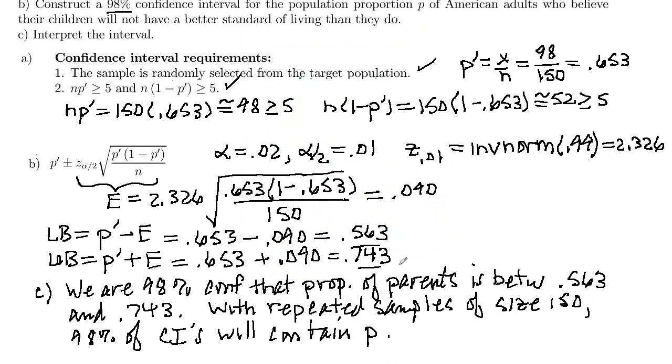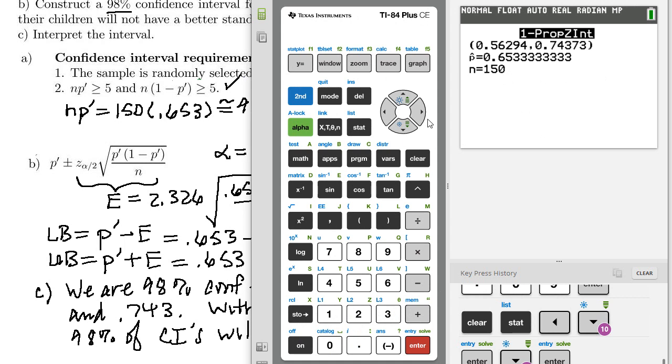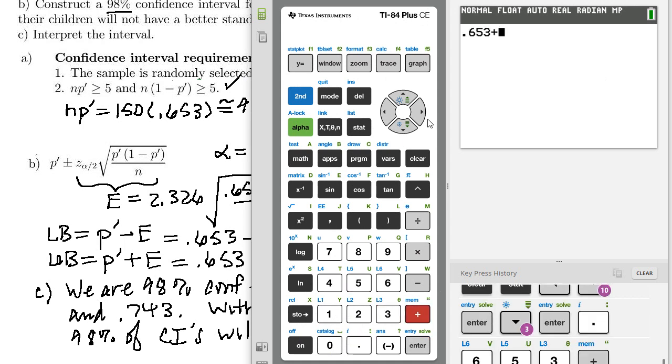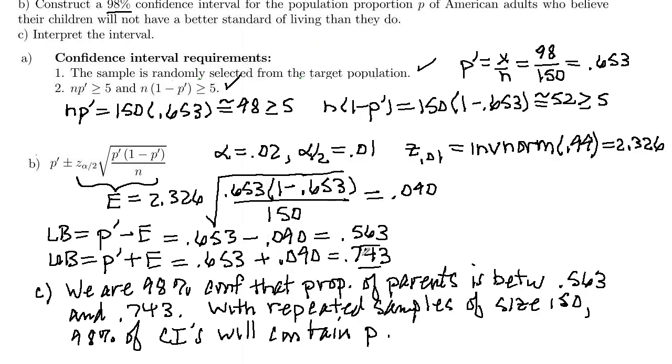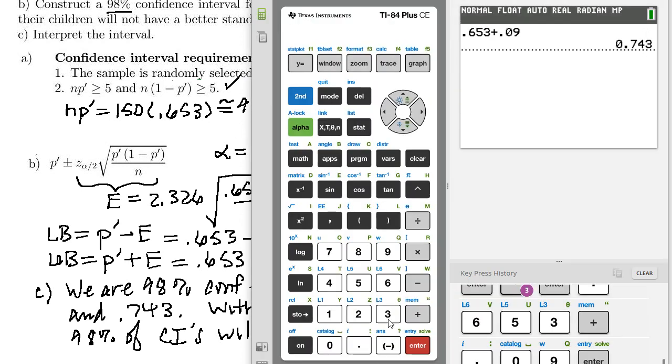563, 743. Let's try that again. 0.653 plus 0.09 is 0.743. Okay, so just a little bit of round off error there.